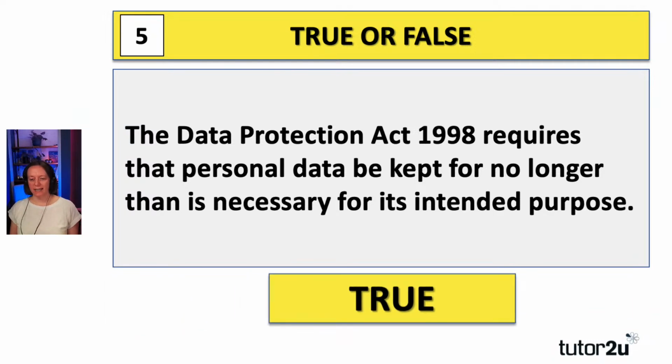So what it's saying is that all data that's collected has to be collected for a purpose. For example, if a woman is pregnant, then we need to collect data and information about her pregnancy. What the Data Protection Act says is that we can only keep that for as long as it's necessary for that purpose. Now, it turns out that in terms of having a baby, it can actually be kept for 25 years.